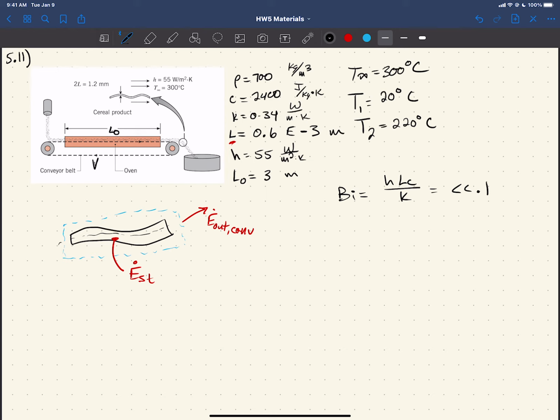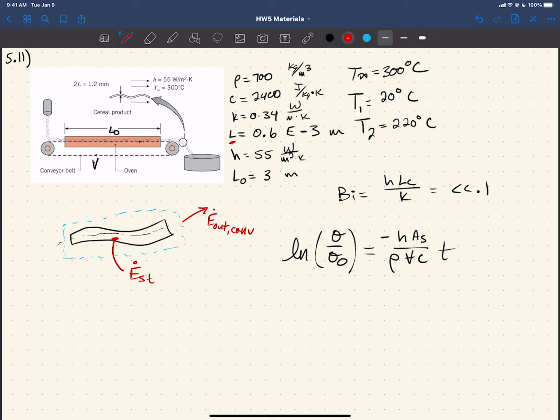This is literally the same setup as before, so I'm going to skip all the steps and go right to the end, where we know this is going to be the temperature distribution: minus h A_s over rho V c t.